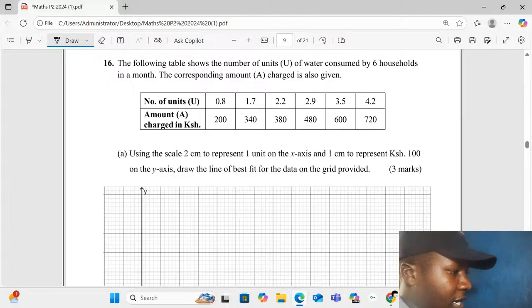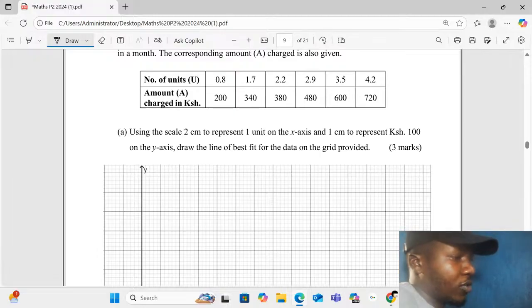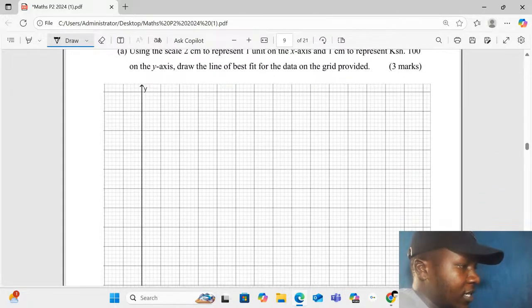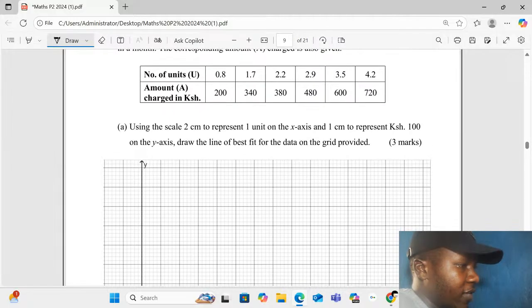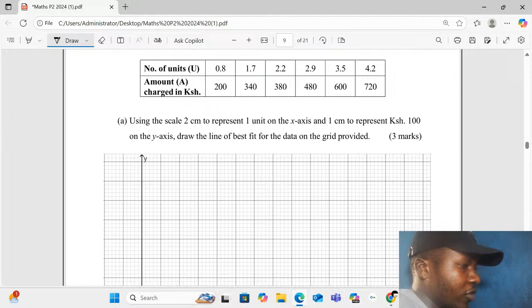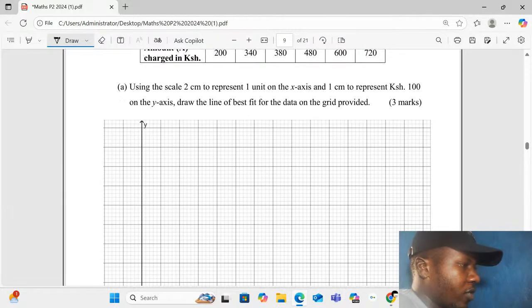Using the scale of 2 centimeters to represent 1 unit on the x-axis and 1 centimeter to represent 100 on the y-axis, draw the line of best fit for the data on the grid provided.